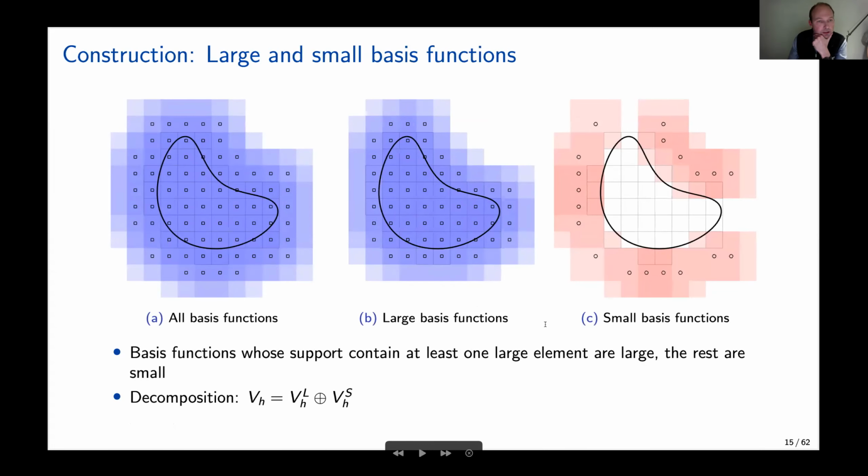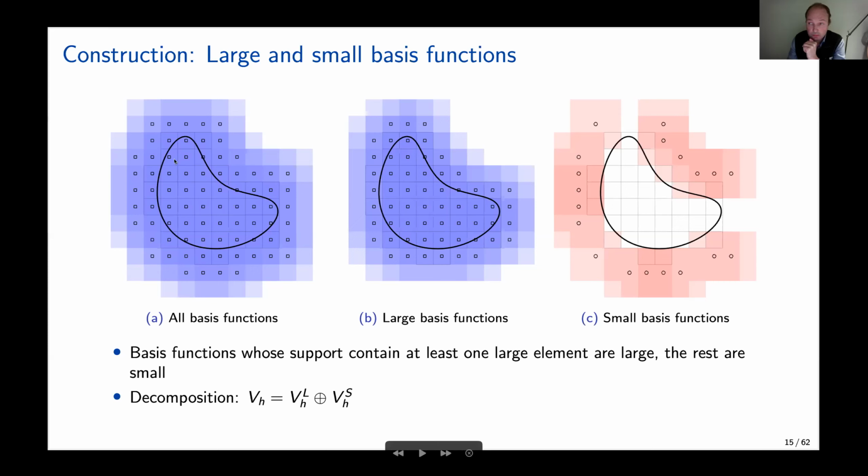Okay, so here we can see the partition in large and small basis functions. And a large basis function, that's a basis function which contains a large element in its support. And then, of course, the small basis functions only contain small elements in their support.